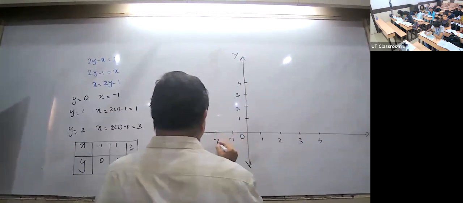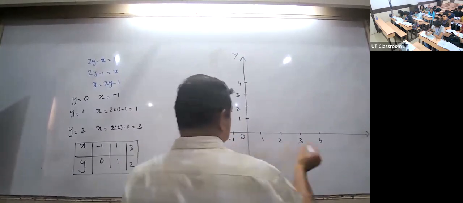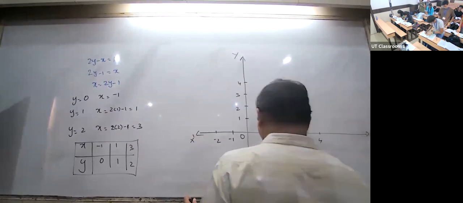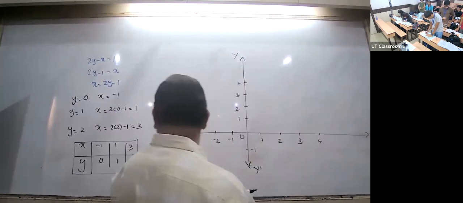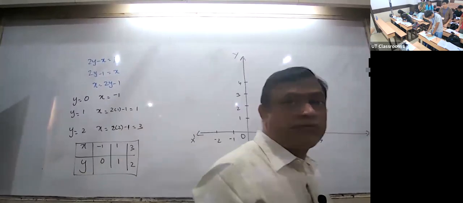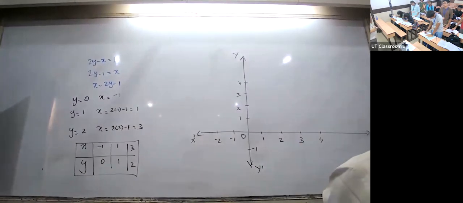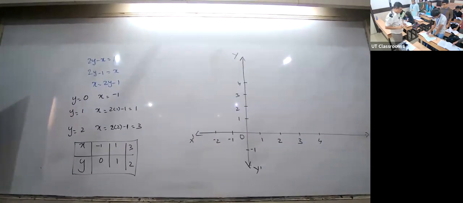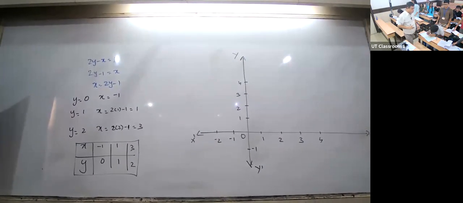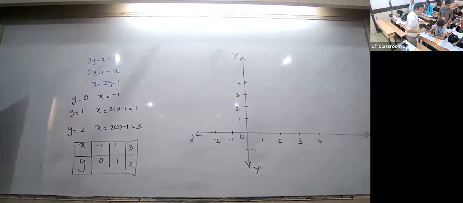Minus 1, minus 2. Those who are completed, please stand up. One, two, three, four, 5. Done the graph. Drawn the straight line. Sit down. Yours, sit down. Yours. Where is the graph?